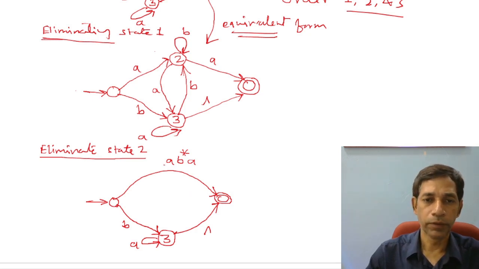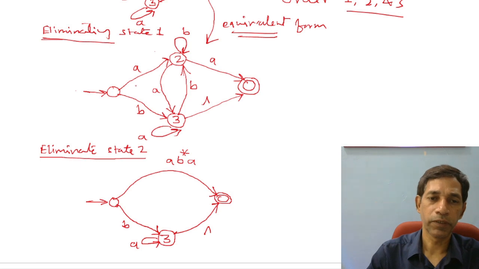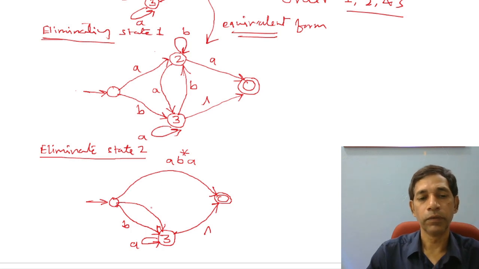Okay. Now this is one outgoing edge. The other outgoing edge from the state 2 goes to the state 3. So you have to also specify this. This means from the initial state you can go to the state 2, then you have the loop, then you are coming to the state 3. This means from the initial state to the state 3 we also have an edge.